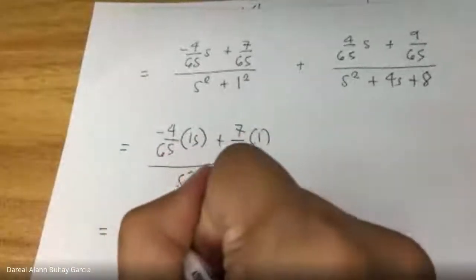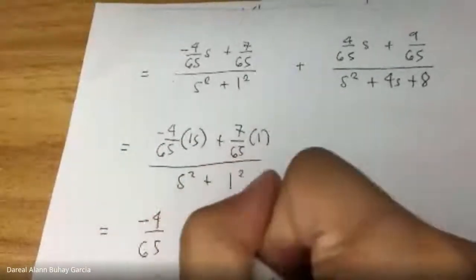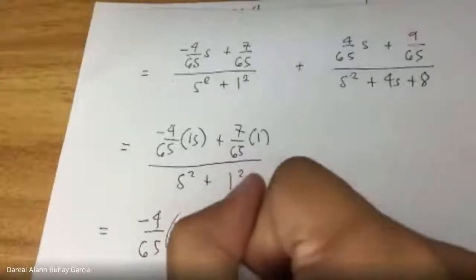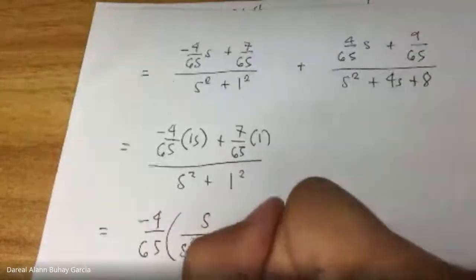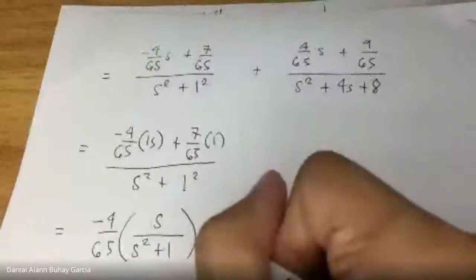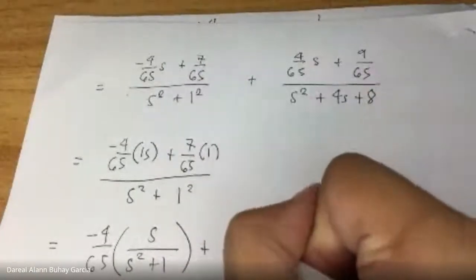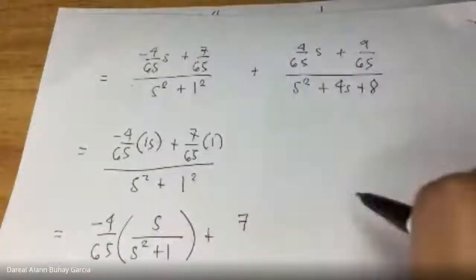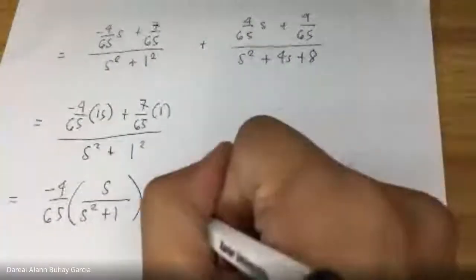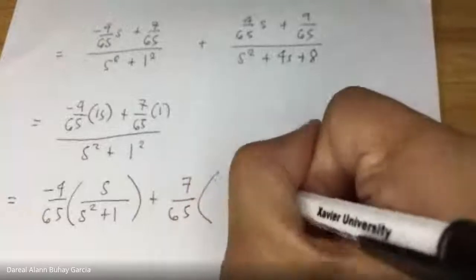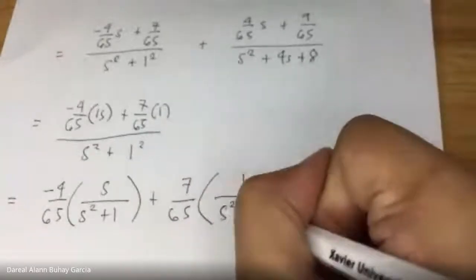Separated, it becomes negative 4 over 65 times S over S squared plus 1, plus 7 over 65 times 1 over S squared plus 1.